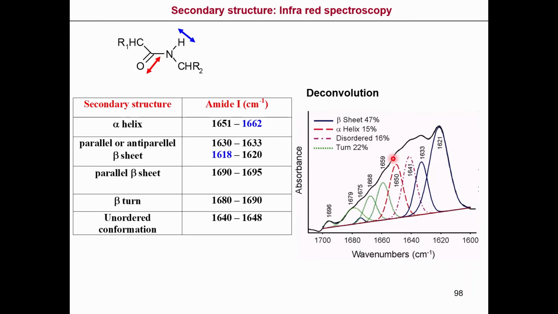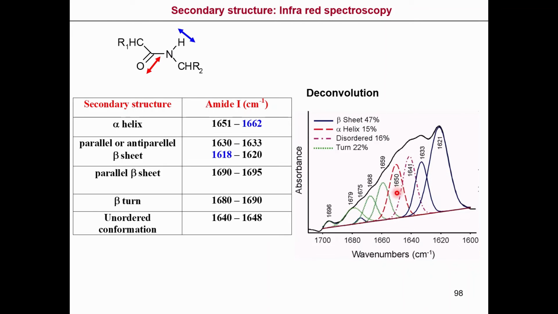For example, in this example, you have a band at 1621, which corresponds to a beta sheet. You measure the area under this band, so you have two bands here, and it corresponds to half of the protein. So half of this protein is composed of beta sheet.